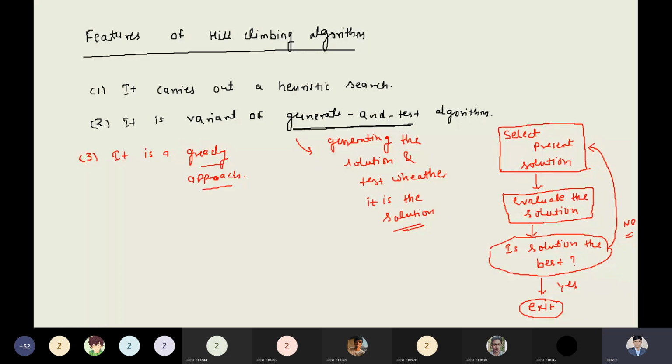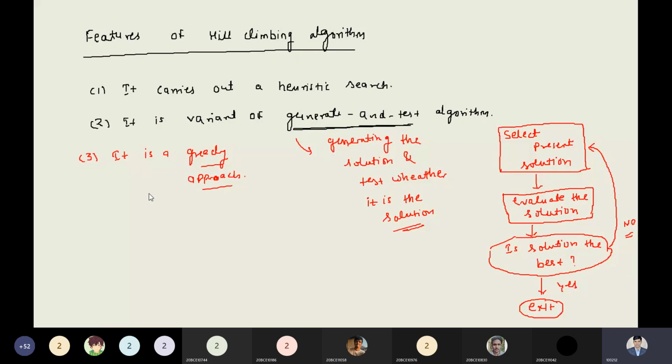Just think and tell. If you remember the greedy search algorithm, or the greedy algorithm in data structures, think and tell me what we have done in the greedy search algorithm.